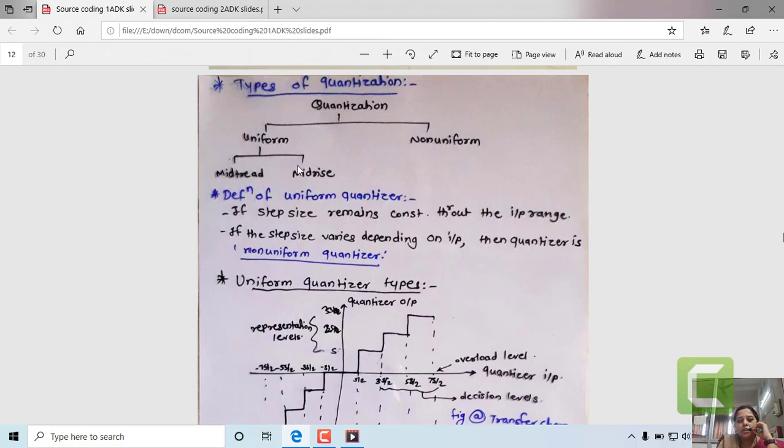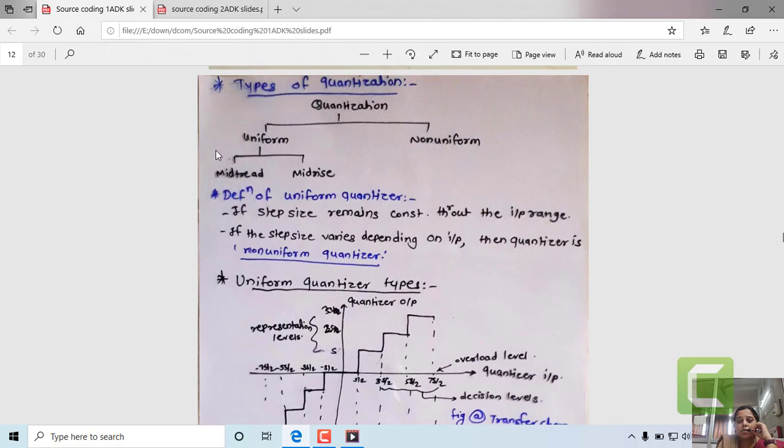When for every level of quantization the step size value is constant, it is termed uniform quantization. But if the step size value keeps changing with the applied input, then that process is termed non-uniform quantization.